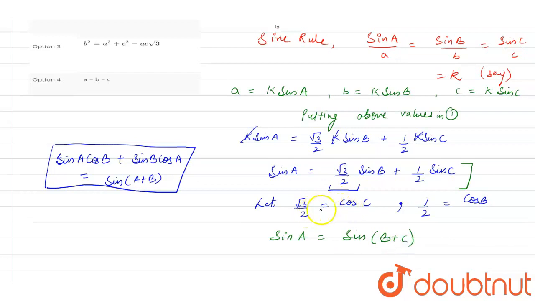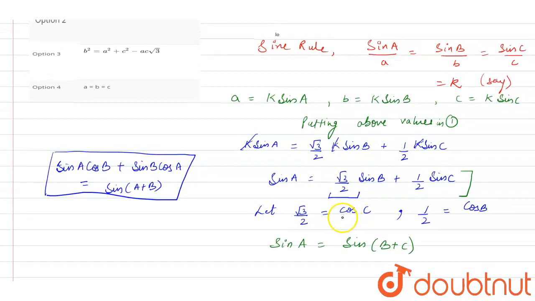And also here we know that if the value of cos C is root 3 by 2, then the angle C will be 30 degrees. And if the value of cos B is half, then the angle B will be equal to 60 degrees. So from here we have also found the angles.